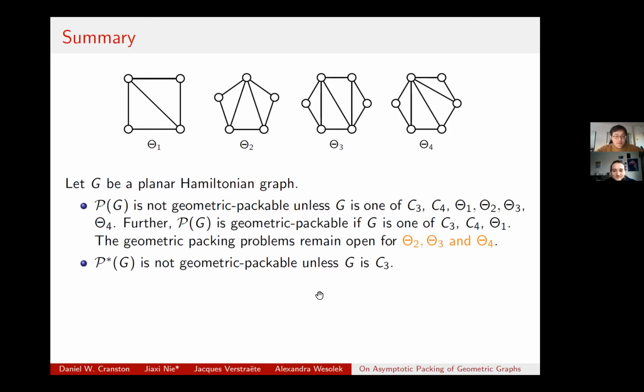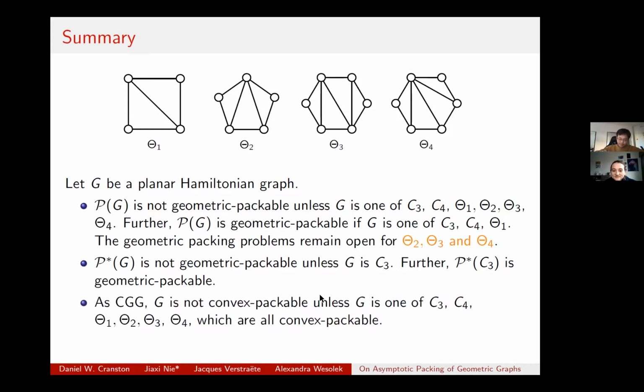And if we consider P star of G, that is the set of convex plane drawings of G, then we know that it is not geometric packable unless G is C3. And further, P star of C3 is geometric packable. And if we look at this planar Hamiltonian graph G as a CGG, then G is not convex packable unless G is one of these 6 candidates.